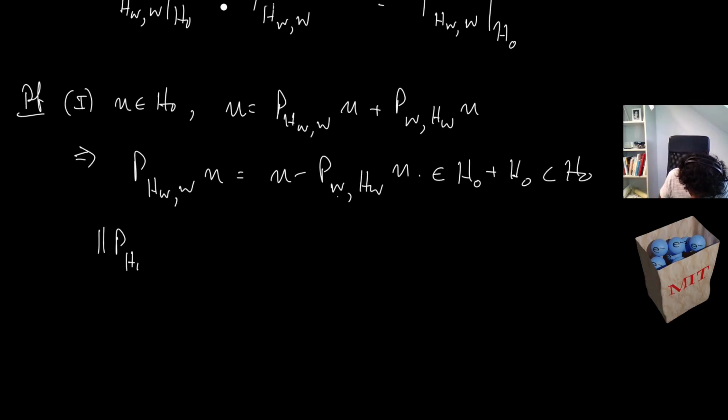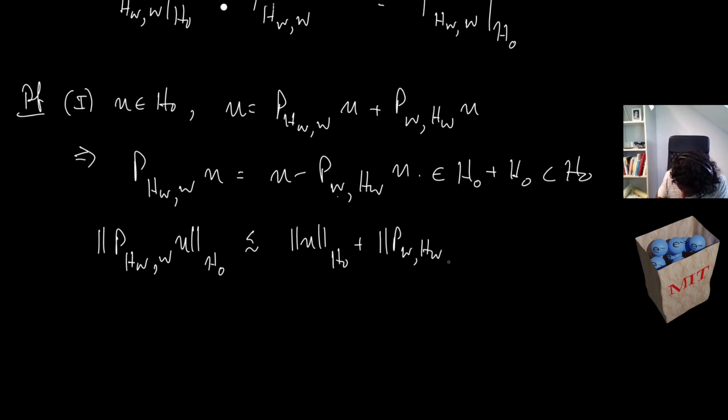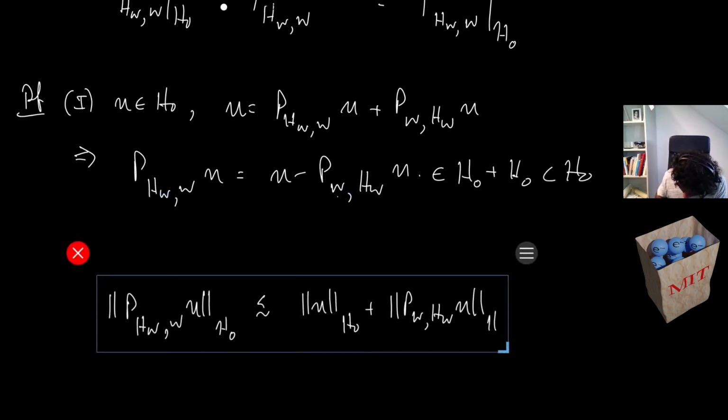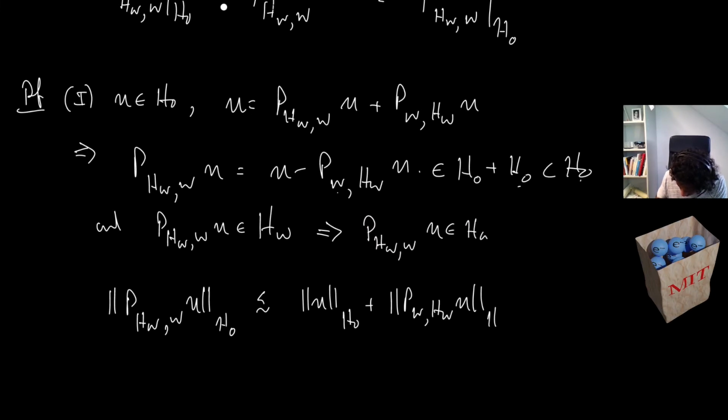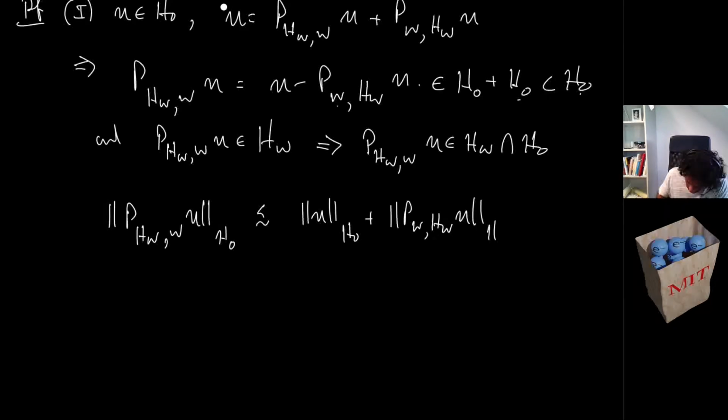So the norm of P_HW W U in H naught is going to be less than the norm of U in H naught plus P_W H_W of U. This is in H naught, and we have that P_HW W U is in H_W, because it projects to H_W. So that implies that P_HW W of U is in H_W intersect H naught. So that's the first thing.